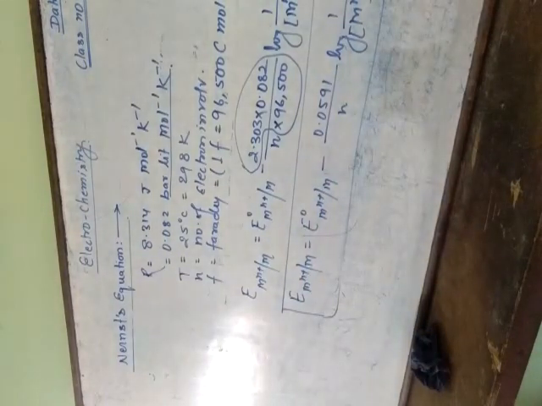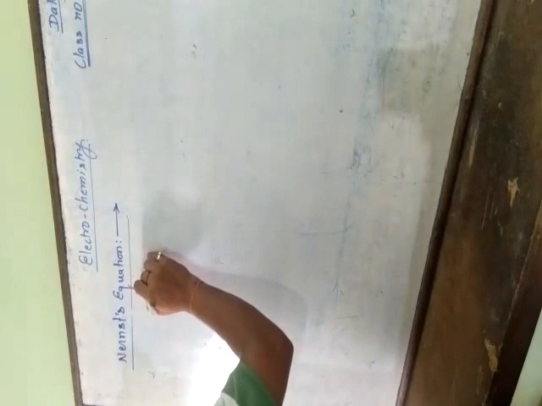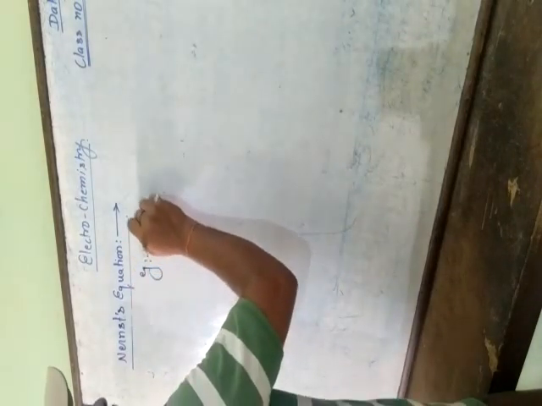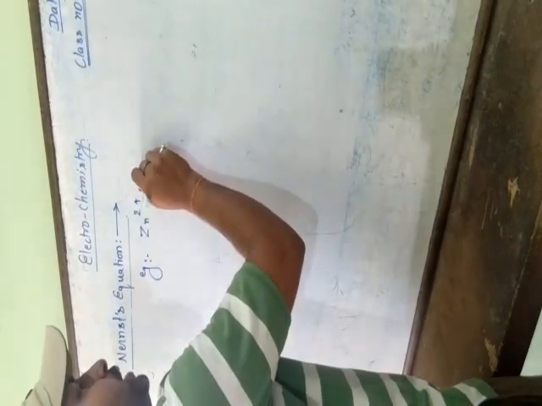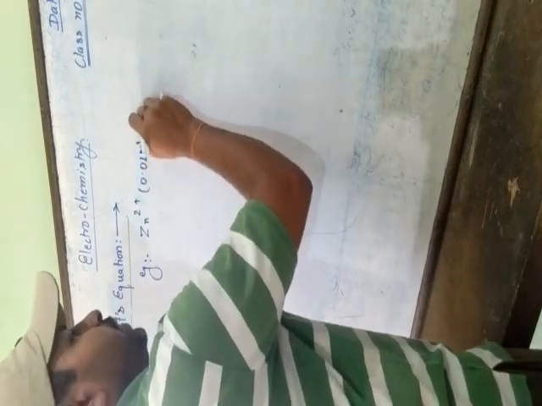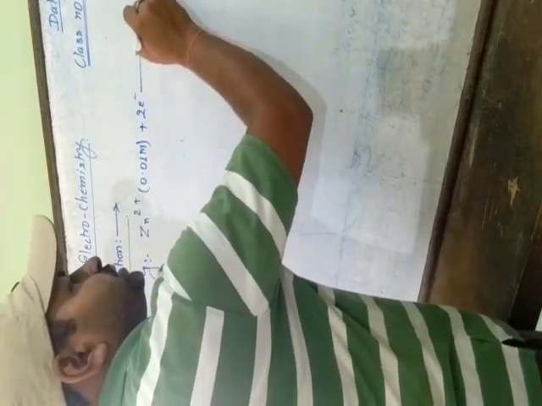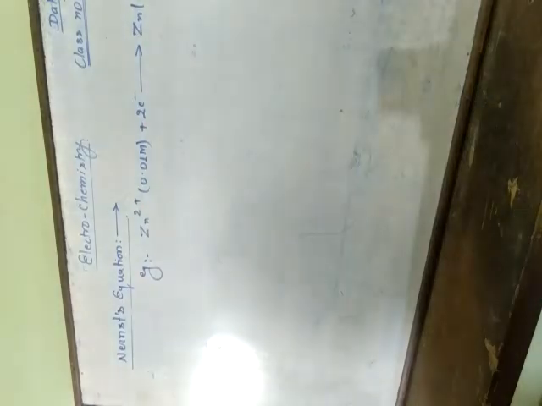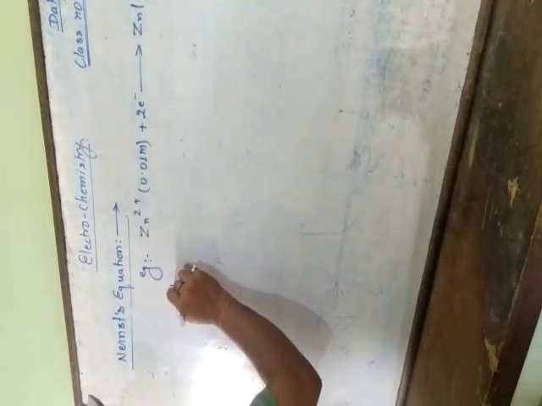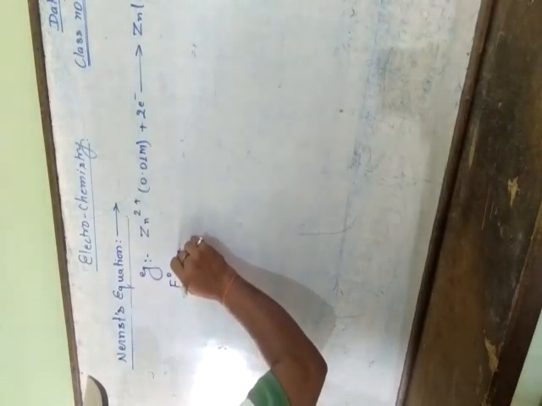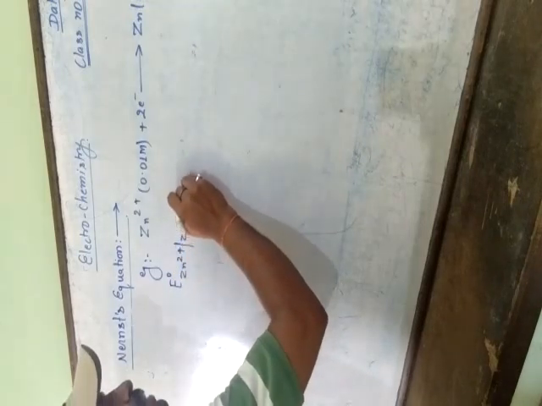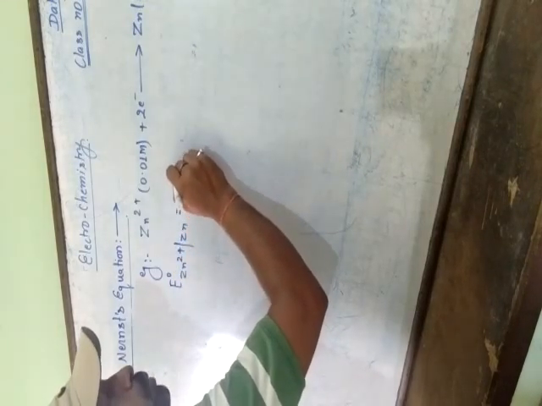Students, we take an example to understand the Nernst equation. For example, Zn2+ at 0.01 M plus 2 electrons gives Zn solid. We first find E naught of Zn2+/Zn from the electrochemical series, which is minus 0.76 volt.